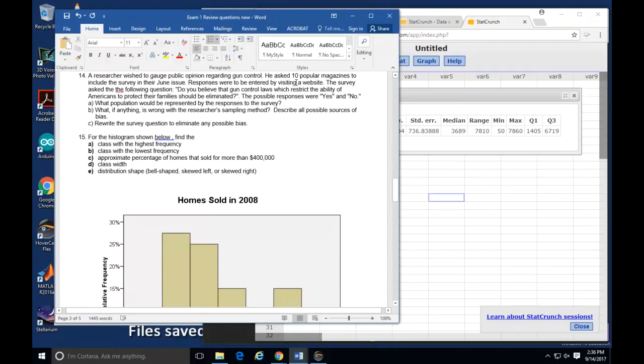So this would be what we call a voluntary response survey, and that means that it can only represent the people that actually responded to it. So the population represented would be only the people that responded to the survey.